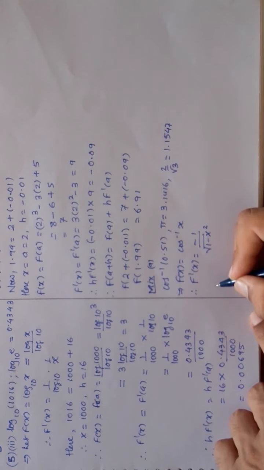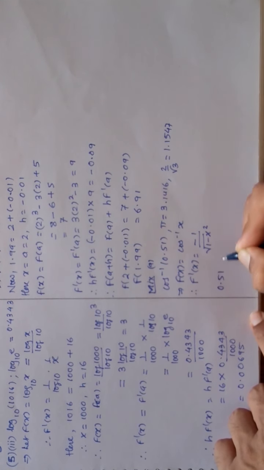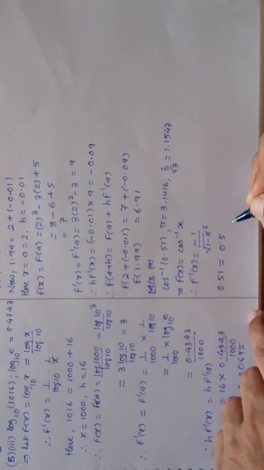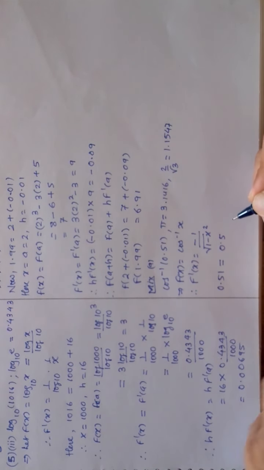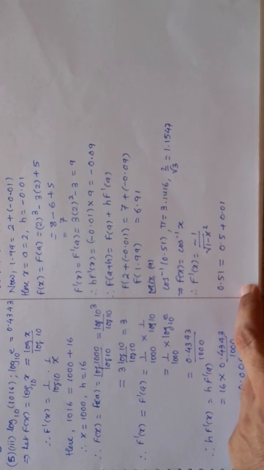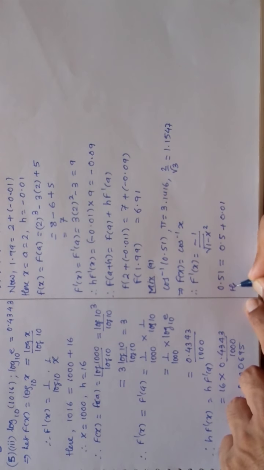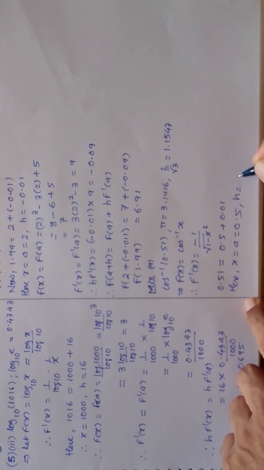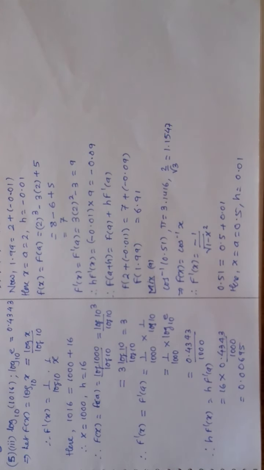So now here if you see, it is 0.51. 0.51 can be written as 0.5 plus 0.01 because we have cos inverse of it, correct na? Yes. So here your x which is equal to a is 0.5 and h is 0.01.